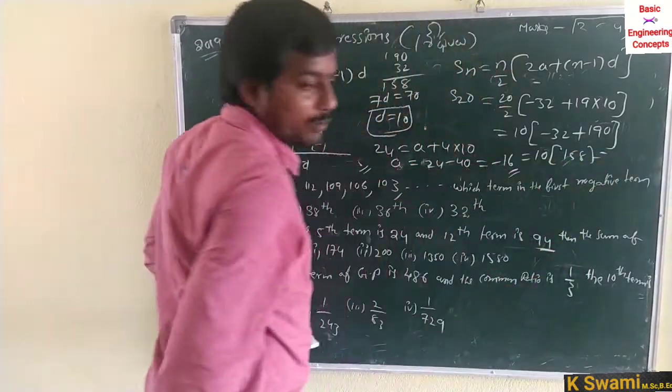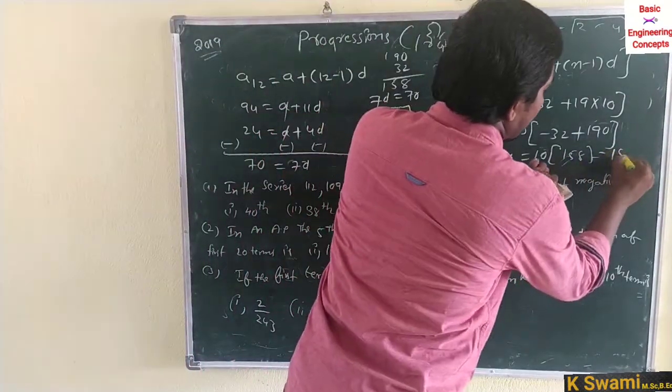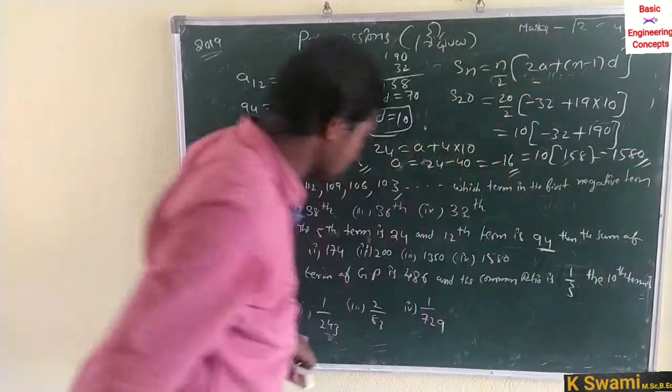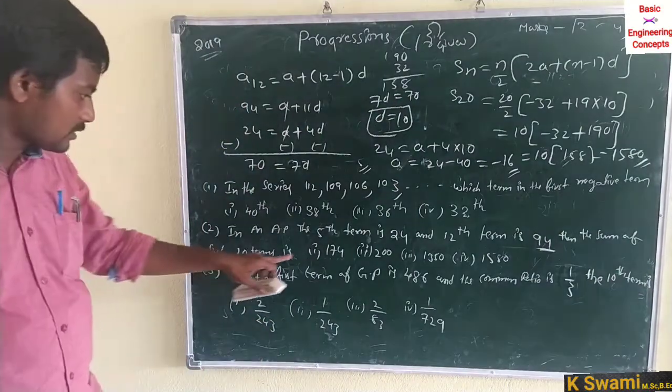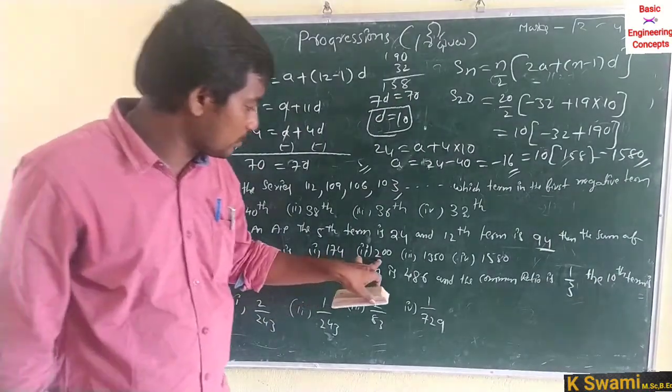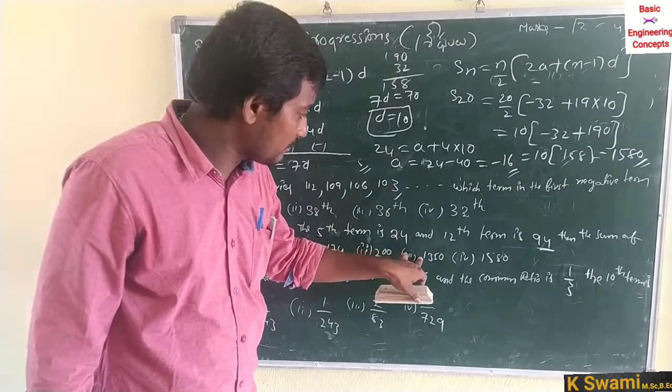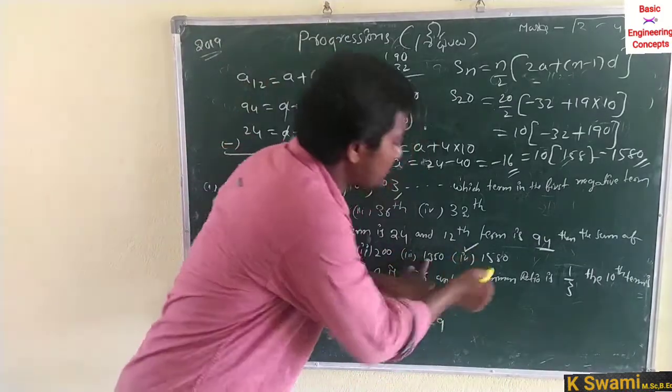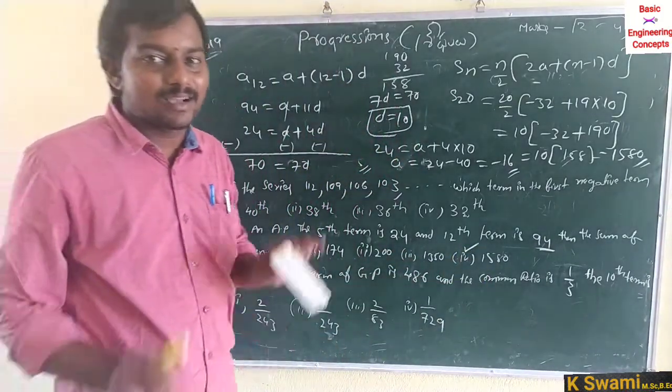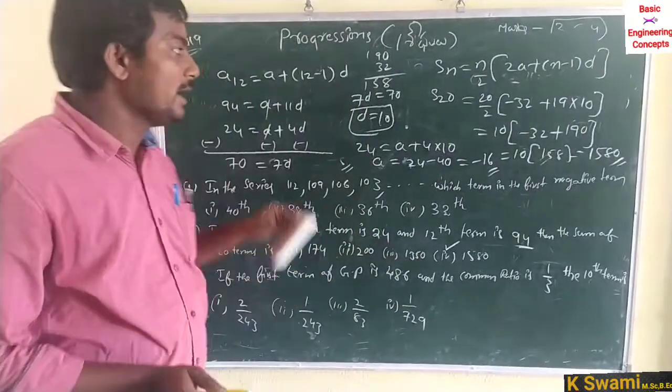So 10 into 158 is equal to 1580. The first option 174 is wrong, 200 is wrong, 1350 is wrong, and the fourth option is 1580. The correct option is 1580.